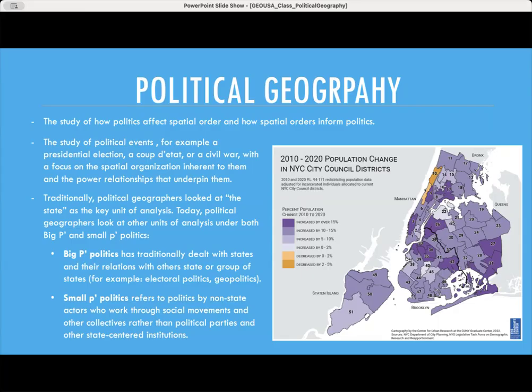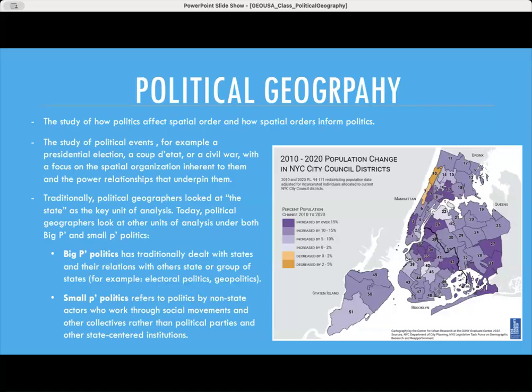So the study of political events, for example, like a presidential election, a coup d'etat, an overthrow of a government, or a civil war, if you were taking on a political geography perspective of studying that event, your focus would be on the spatial organization inherent to them and to the power relationships that underpin them. So you'd be thinking about how did this happen within the space?